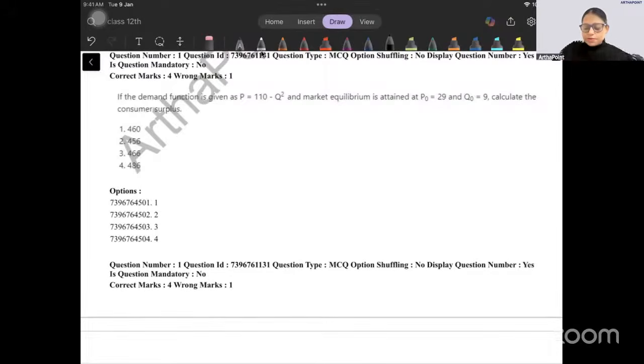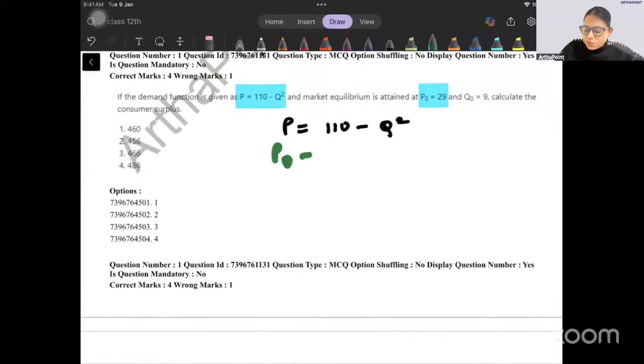Look at the question. The demand function is given by P is equal to 110 minus Q square. And the market equilibrium is attained at P naught is equal to 29 and Q naught is equal to 9.